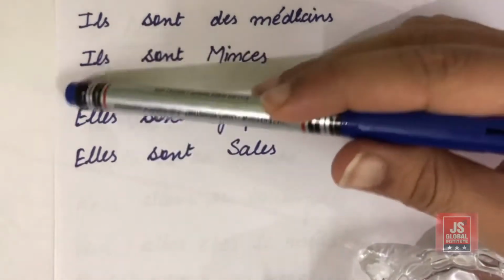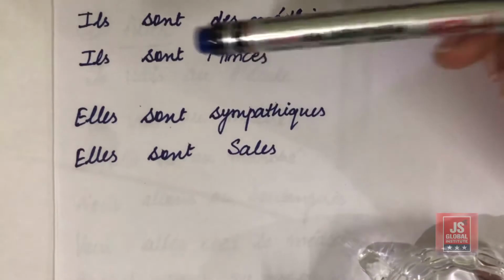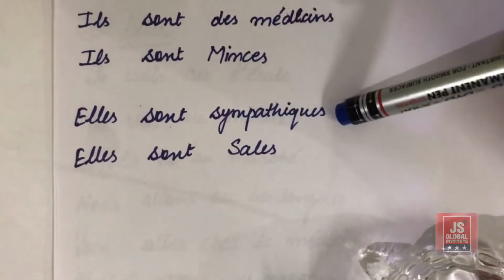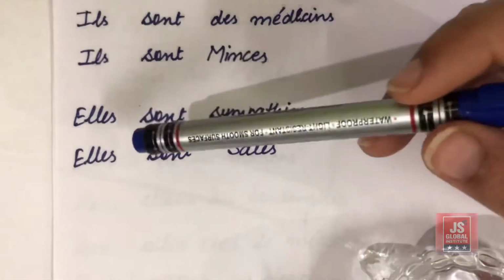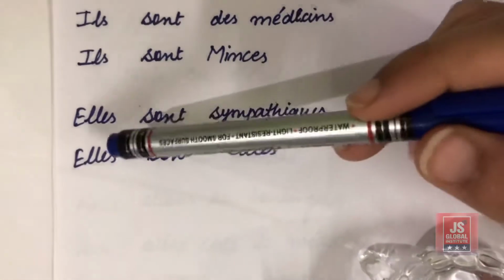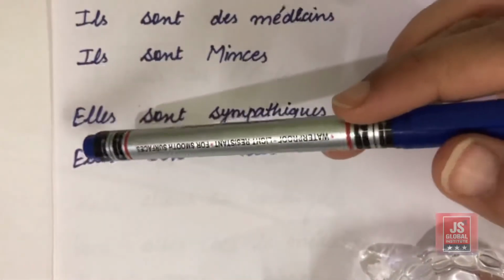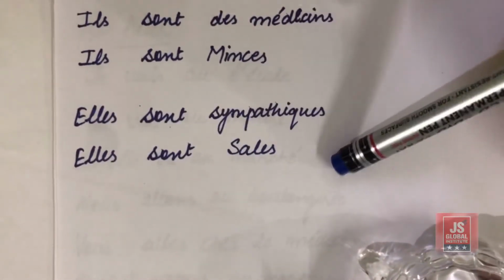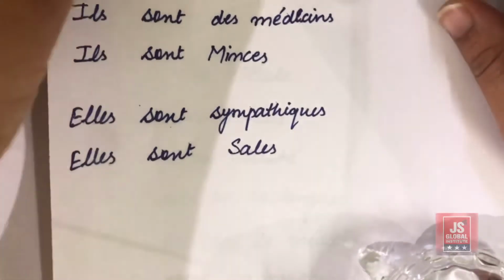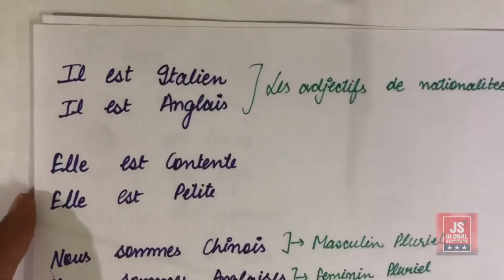So here too I used subject and then verb and then object, that is they are sympathetic. Okay, next I have written elles sont sales, that is they are dirty. So this was about the être verb, and now I am going to move towards the avoir verb.